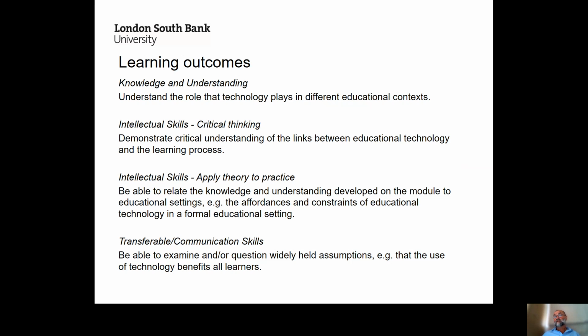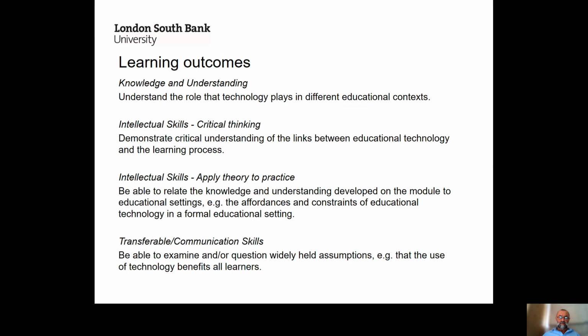And some of those contexts might not be institutions. So one of the things that we talk about a little bit in this module is how you could use technology to access learning outside conventional, traditional educational contexts. So technology is used, for example, for supporting distance learning and for supporting people who are studying, for example, at home.